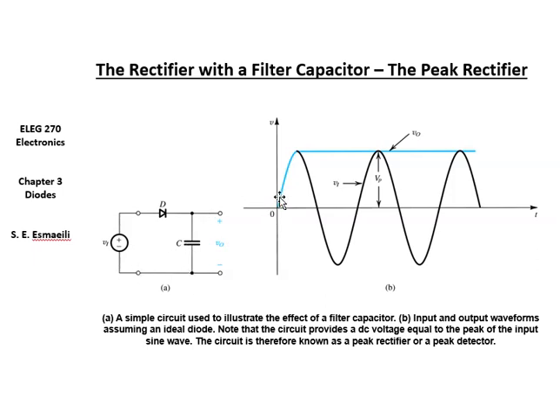When the voltage is increasing, the capacitor is being charged until this point where the voltage starts to drop. The voltage of the power supply starts to drop, but this capacitor is already full with this voltage, so it keeps its voltage until the supply voltage drops and goes to the negative zone.